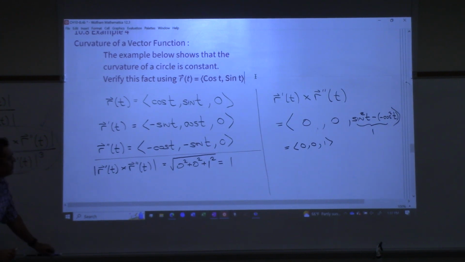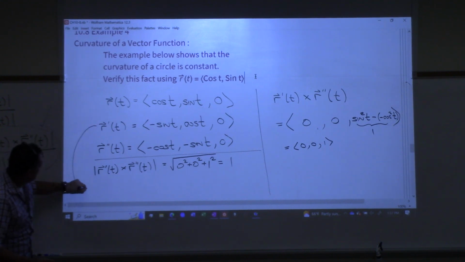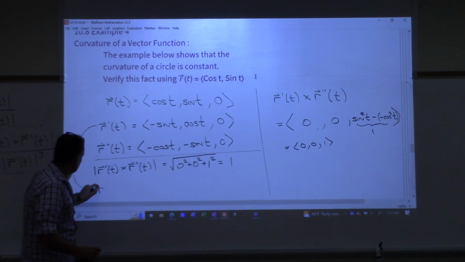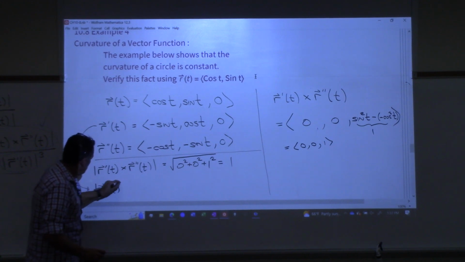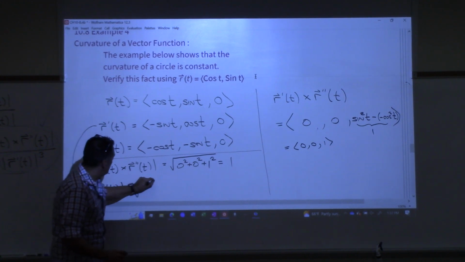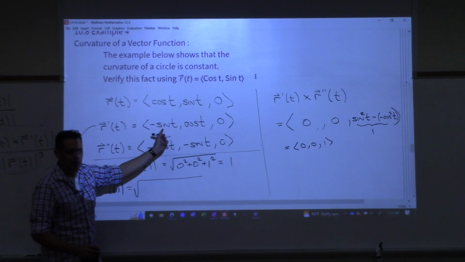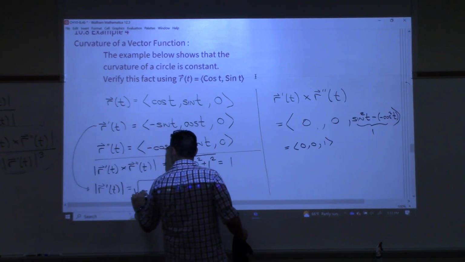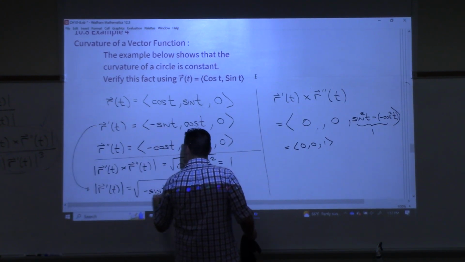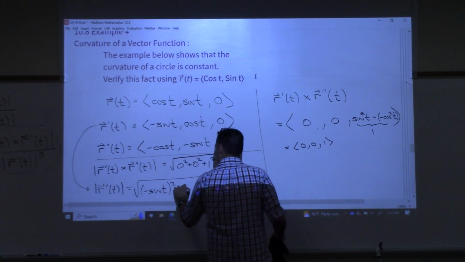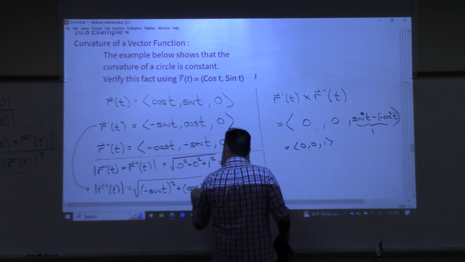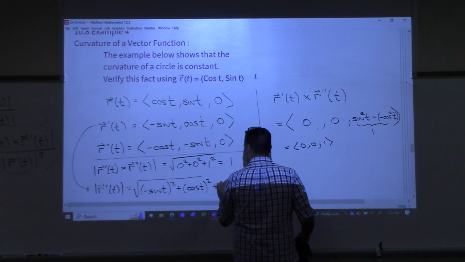So I never did the magnitude of the first derivative, did I? No. So I need it right here. I'm going to do it right here. What's the magnitude of that? Well, it's the square root of, and we've done this already, haven't we? Okay, but I'll do it again. It's going to be negative sine t, that squared, plus the cosine t, that thing squared, plus 0 squared.